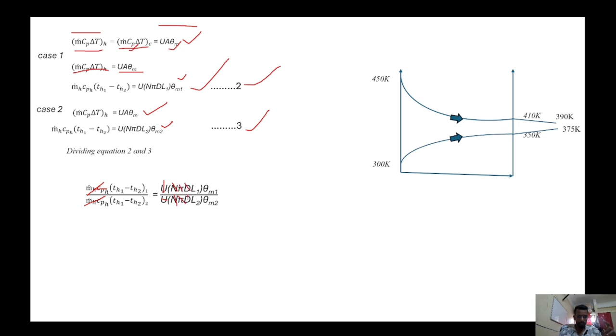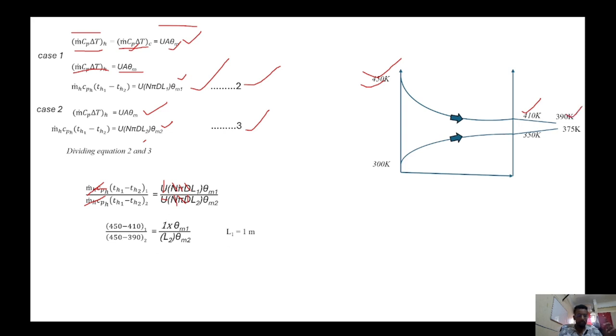So what else is remaining? This. For case 1, 450 minus 410, right? And for case 2, 450 minus 390, sorry, 390.